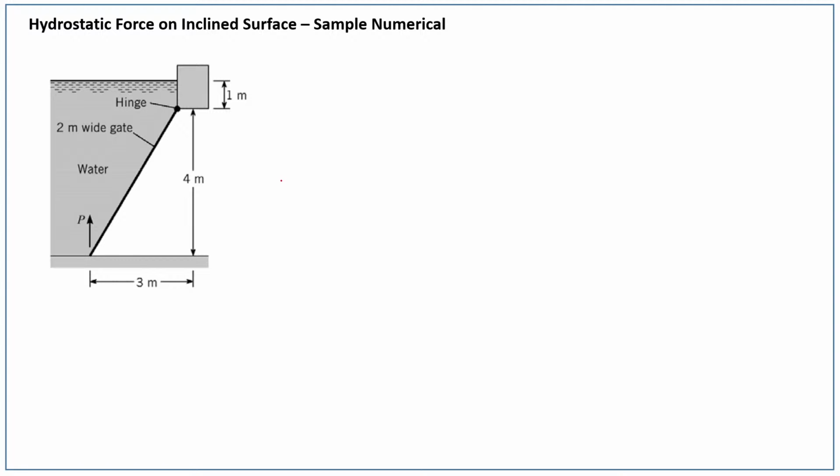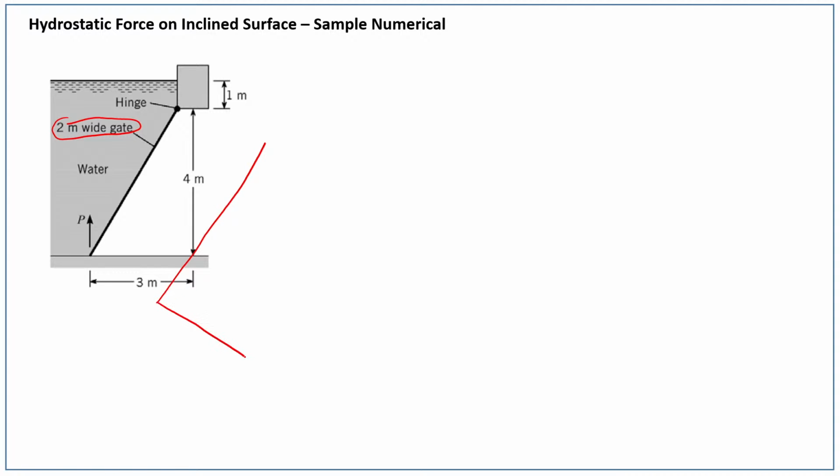Then this is an inclined plane surface, and we want to find out the hydrostatic force on this inclined plane surface. You can see here it is written, it is a 2 meter wide gate. That means perpendicular to this paper, the dimension is 2 meter. So we can draw another view like this.